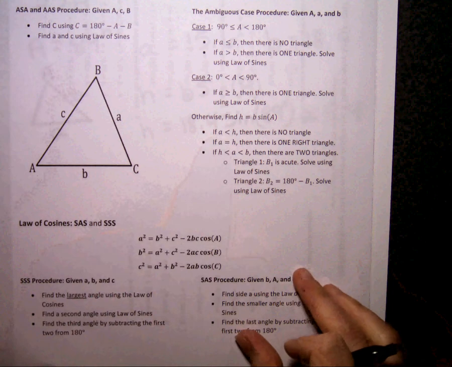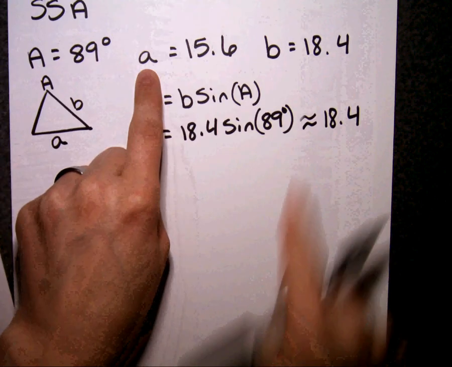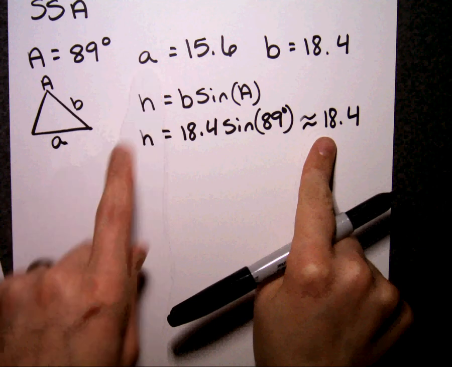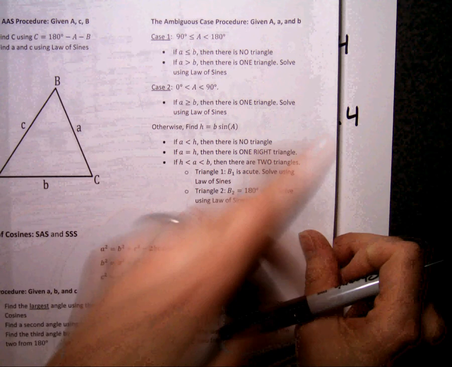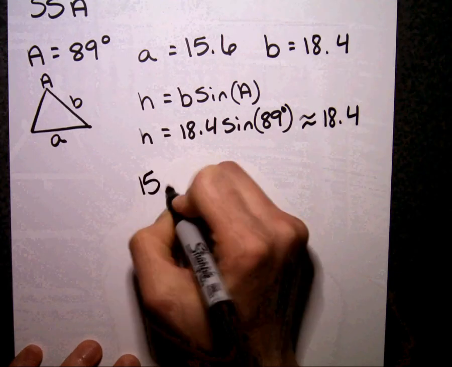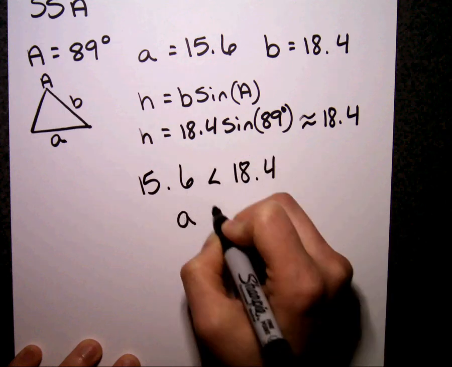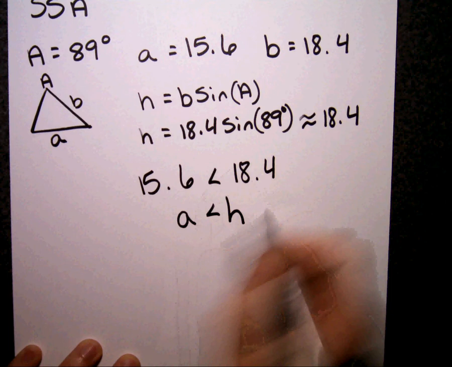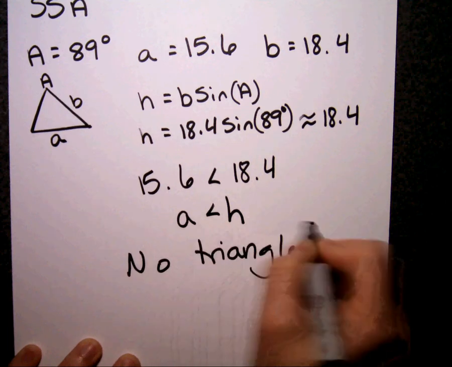A is less than H, and it tells me that if this is the case, then I have no triangle. So 15.6 is less than 18.4, meaning my A is less than H, so I have no triangle. And I'm done. Right? So going through, checking, it's possible that I have no triangle.